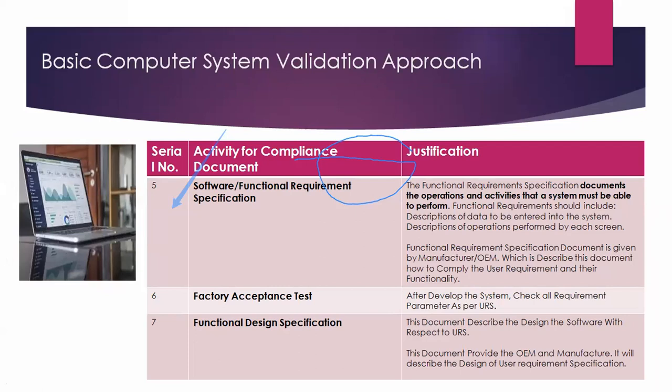I will add to that. Then we need to perform the vendor assessment. Vendor assessment is nothing but checking that the vendor has the capability to develop and validate our system. They should have an in-house quality system, trained personnel, some certification like ISO, and quality policies.